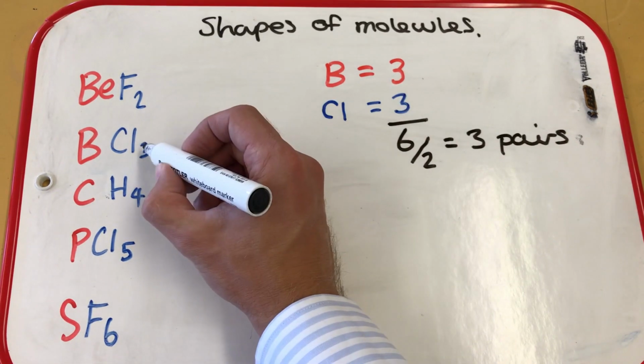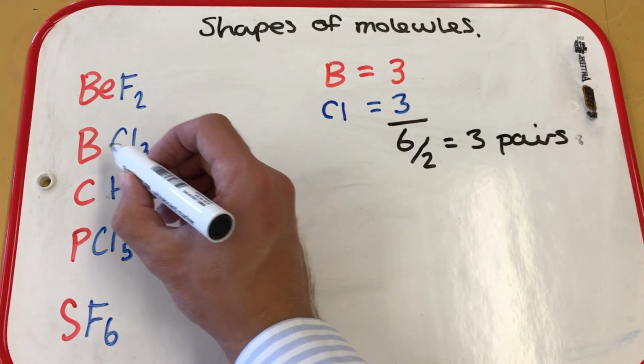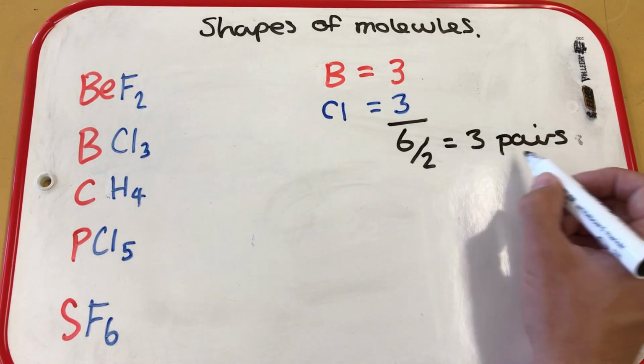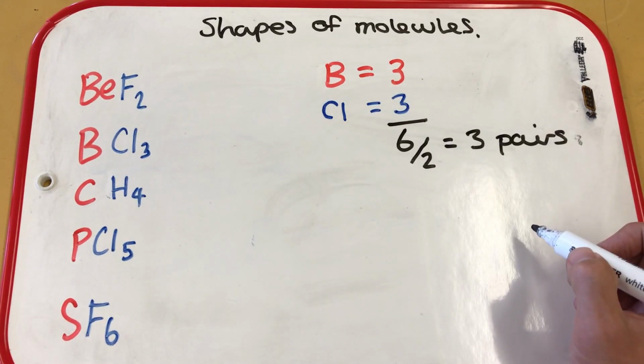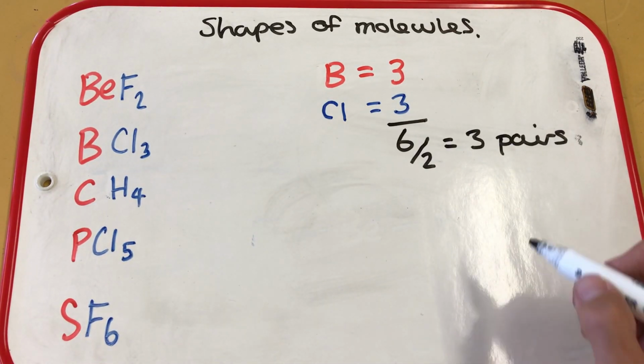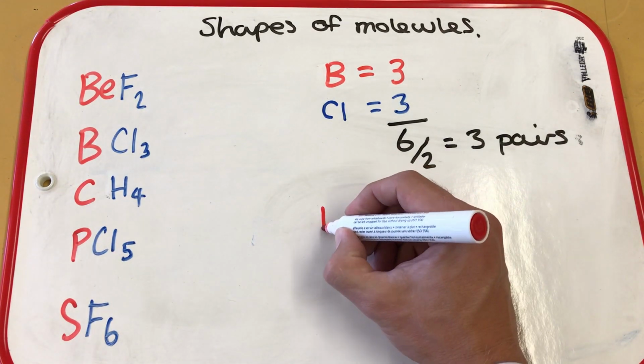If we compare back and look at BCl3, we see we've got 3 pairs of electrons with 3 atoms bonded to the boron. All those electrons are involved in bonding, so there are no lone pairs of electrons in our final structure. Let's see what it would look like.